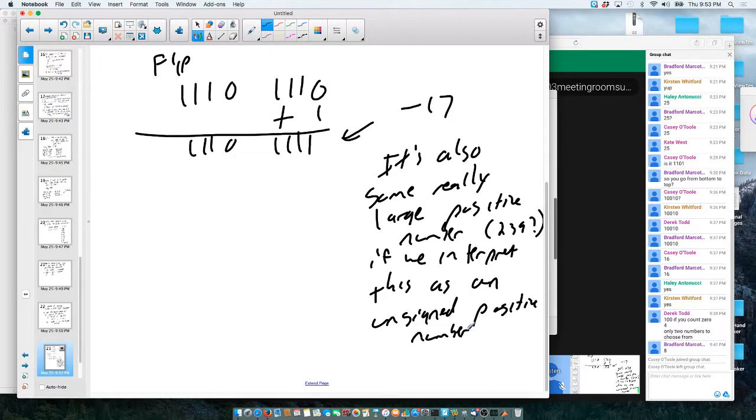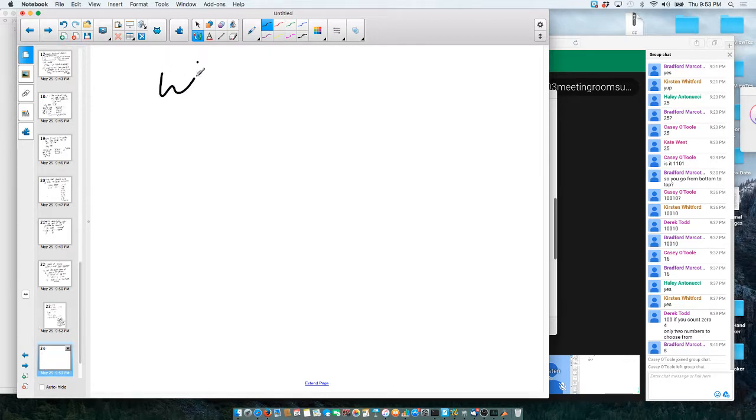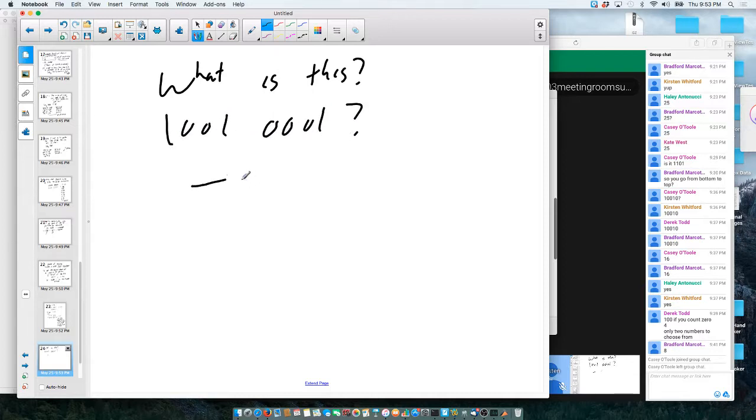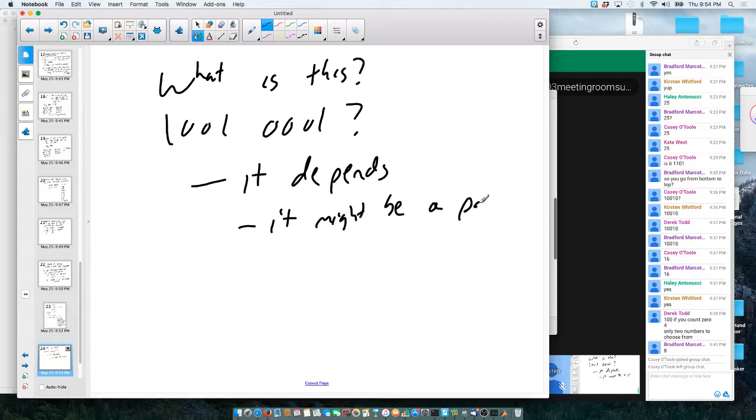Okay, so remember what I said before. What is this? It depends, on what the rules are. It might be a positive unsigned number.